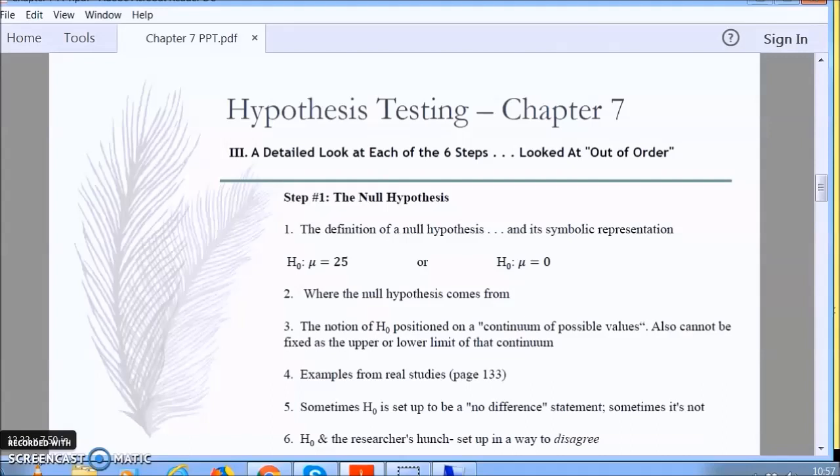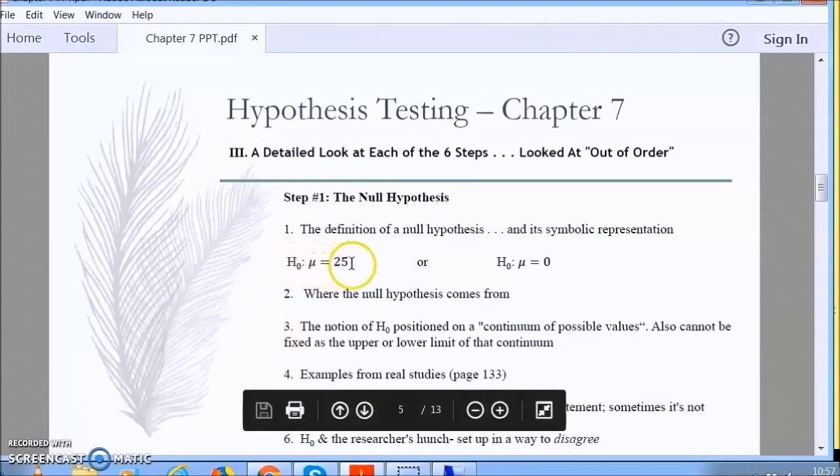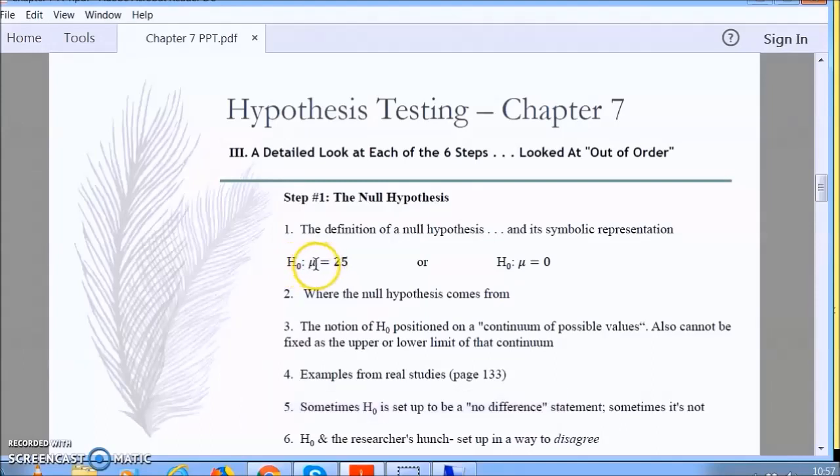That means it deals with the population, the equal sign, and then the pinpoint numerical value that the researcher has selected. So like in this case, you have H naught colon mu, which is the mean, equals 25, because this is what the researcher is saying the null hypothesis is. Or you could have H naught colon mu equals 0.